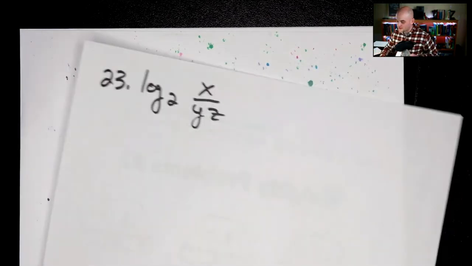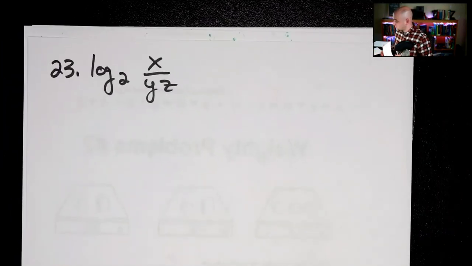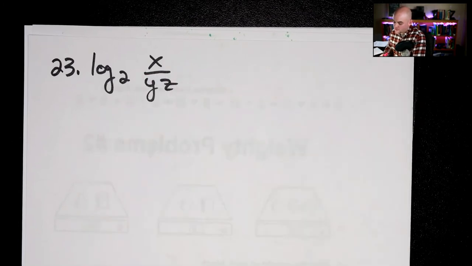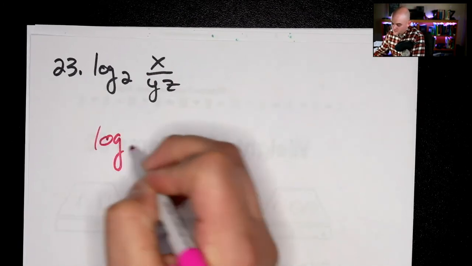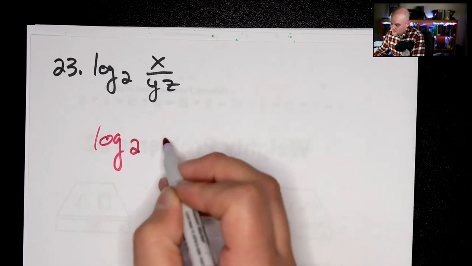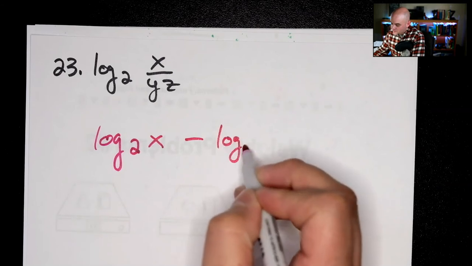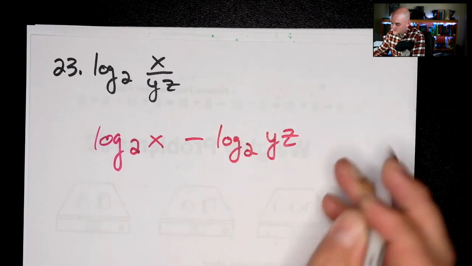Let's now look at this one right here. This says the log base 2 of x divided by yz. Well, I'm going to first address this division part and say this can be written as log base 2 of x, the top number, minus log base 2 of yz.